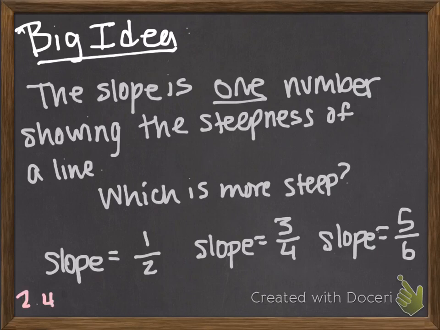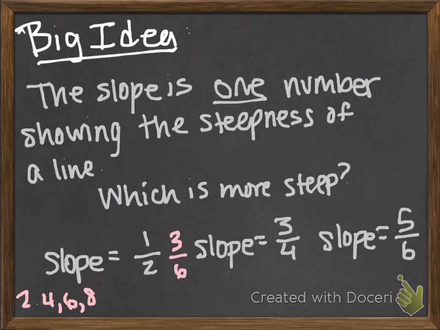So we have 2, 4. Now 4 is a multiple of 4, however it's not a multiple of 6. 6 works, but it doesn't work for 4, so we're going to keep going to 8.